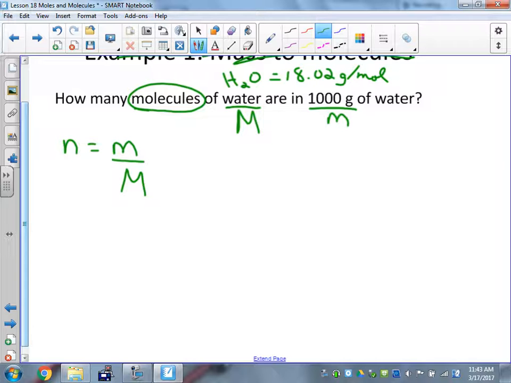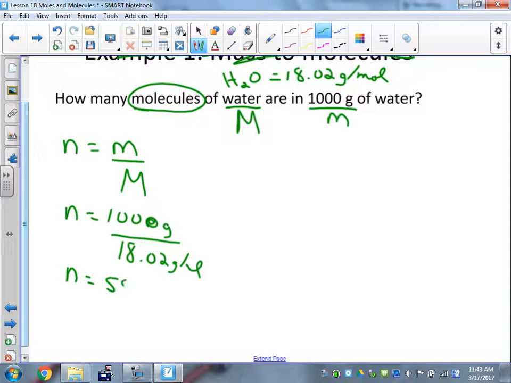The mass is 1,000 grams, and the molar mass is 18.02 grams per mole, and I can find n from that. I'm going to divide those two numbers, and I get roughly 55.49, and I'm actually just going to do this in moles.